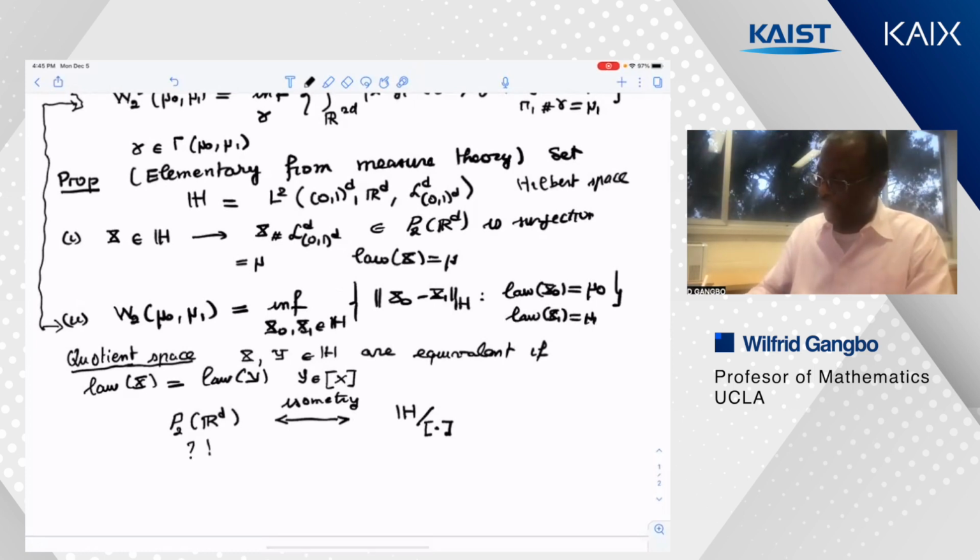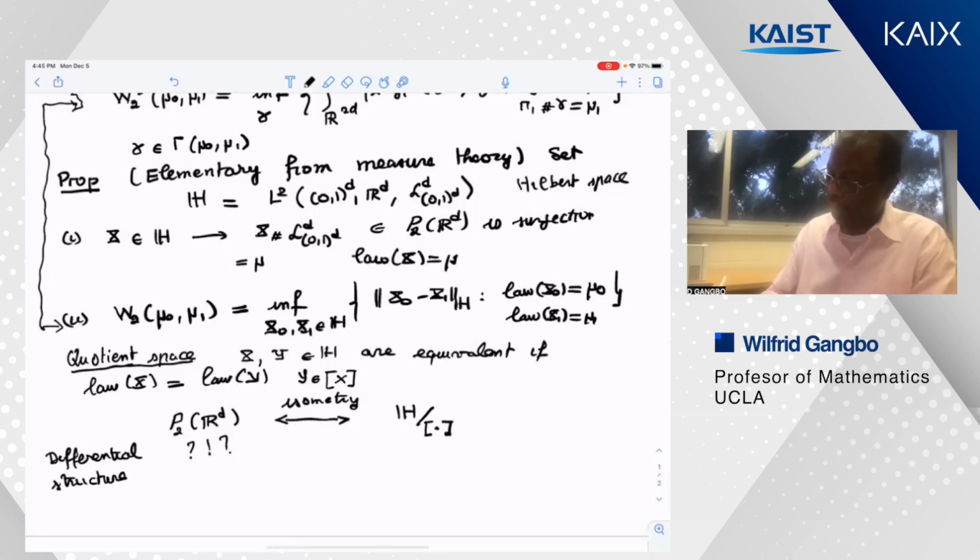So there is a differential structure which has been defined by Ambrosio, Gigli, and Savaré.